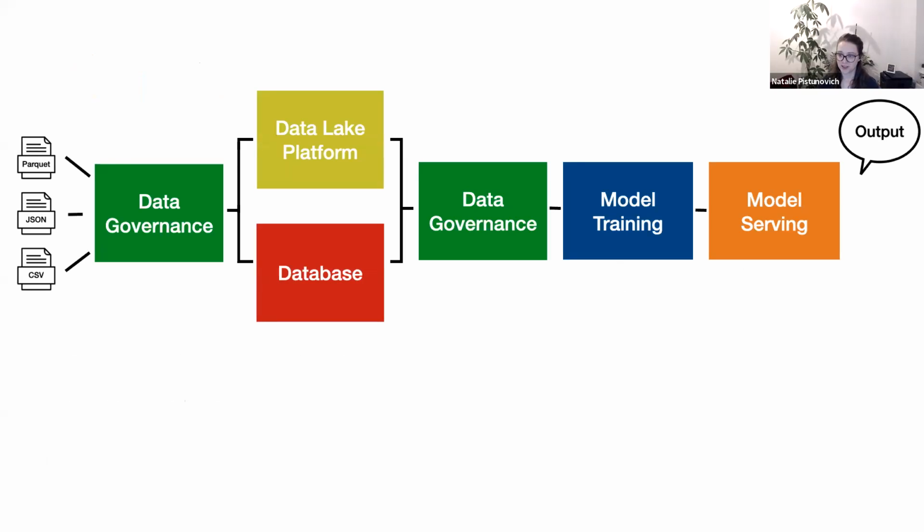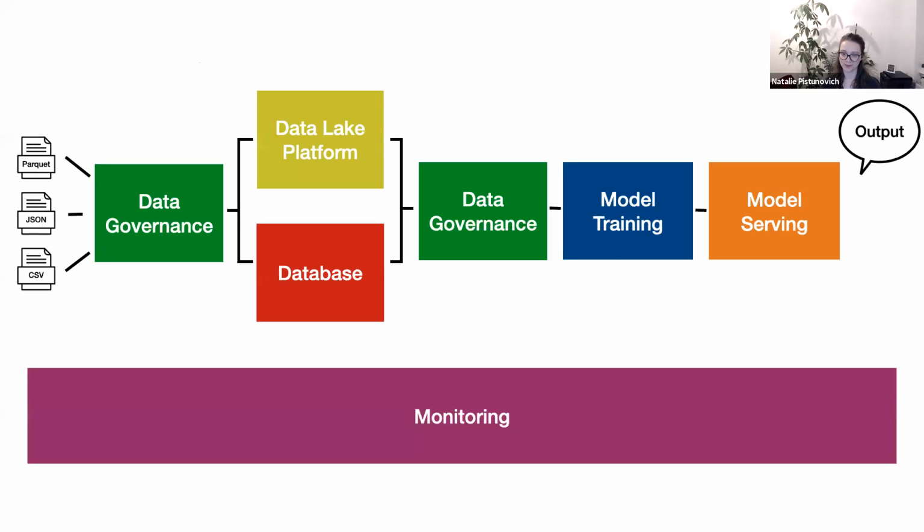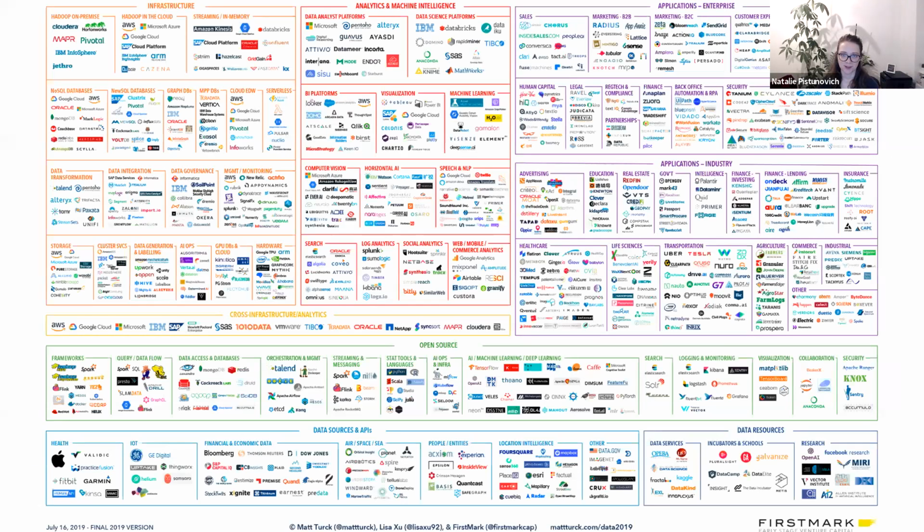So this is the system as I see most basic, without the one most important part that makes sure that it all runs well, the monitoring. It has 8 parts, and this is what I see as the bare bones, but then there is this slide. This is the ecosystem of AI according to end of 2019, so that's 1 year ago, and it has a lot more fields, you know.